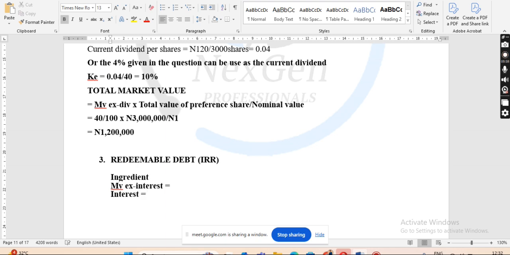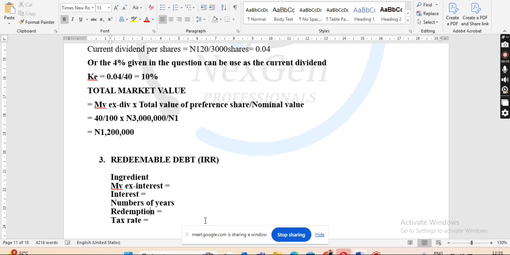Three, what is the number of years, right? Four, what is the redemption value, right? Market value less interest. Then last is what? The tax rate, class. The tax what?